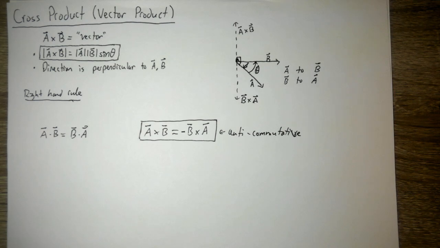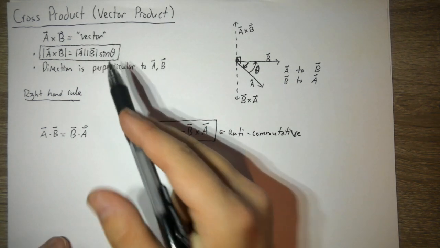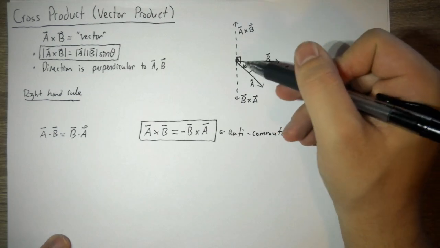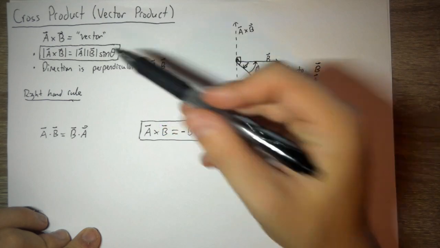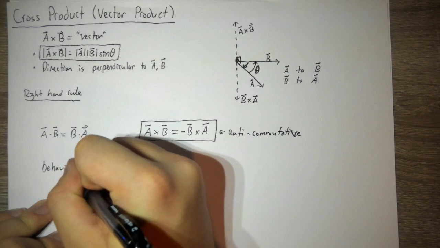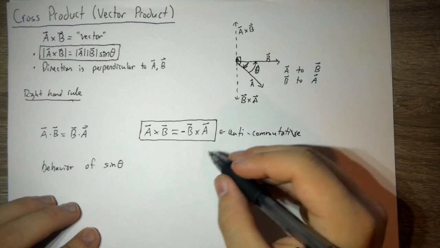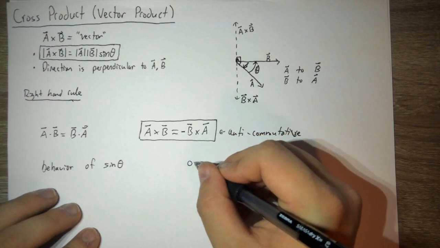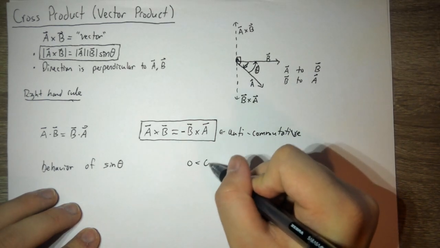Now let's look at some of the behavior of the cross product, specifically looking at the magnitude. The direction is always perpendicular. That doesn't change, but the magnitude does change. It changes based on the behavior of our sine function. We did this for the dot product as well. We looked at the behavior of cosine. So let's look at sine.